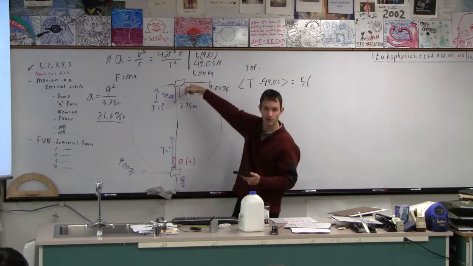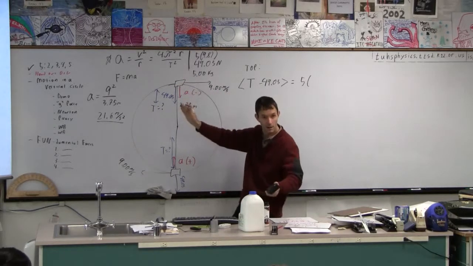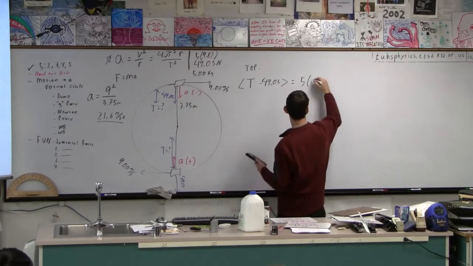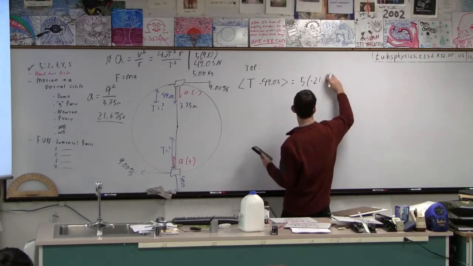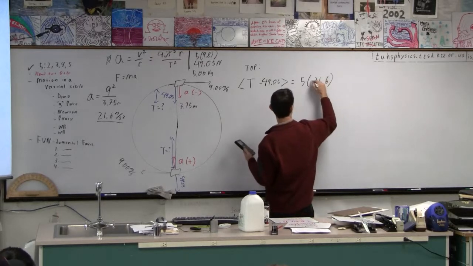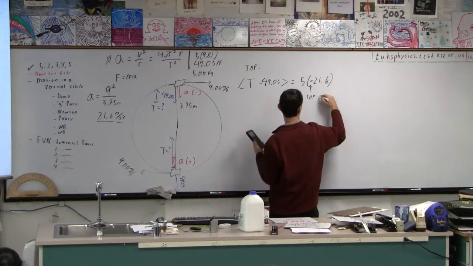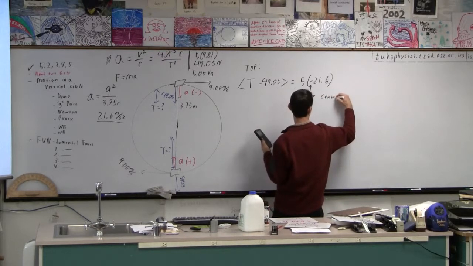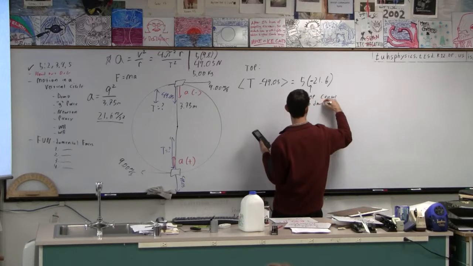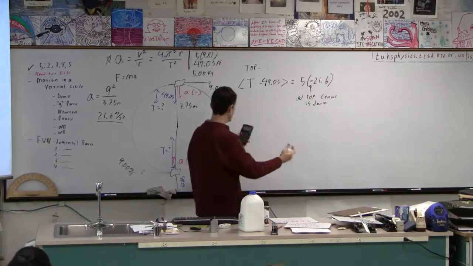The center is below us, and so the acceleration is negative 21.6. That, by the way, is the only thing, 21.6, not 0.6. There we go. Right? So at the top, the center is down. Right? And now we can solve this thing.